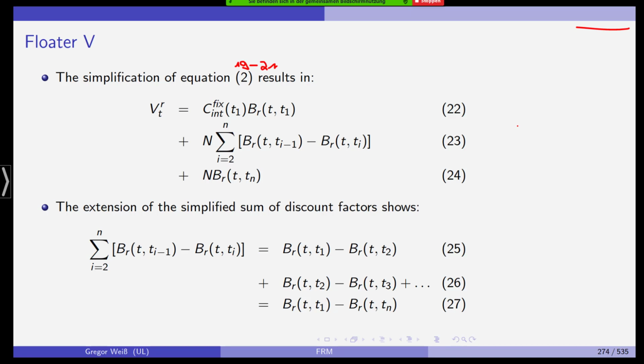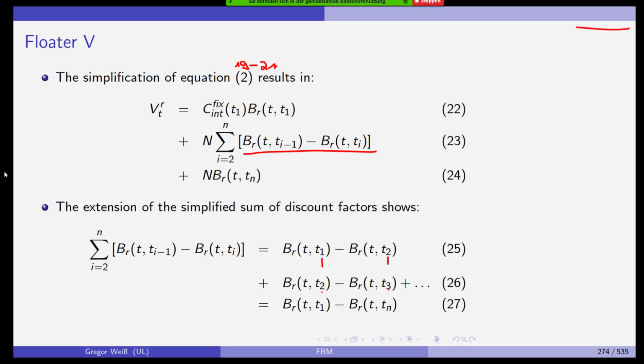Okay. We can see that this is actually given by this difference. If we now extend this and write this down, the sum, we can see that it starts out with BR T2 minus 1, so this is T1, minus BR T T2, okay, so I, the index goes to 3, so we have T2 minus T3, T4 minus T3, and so on.